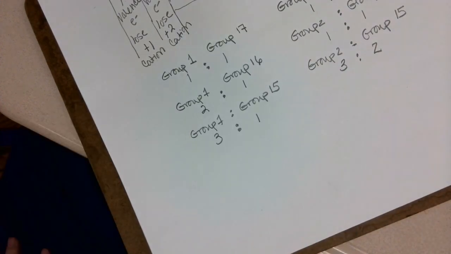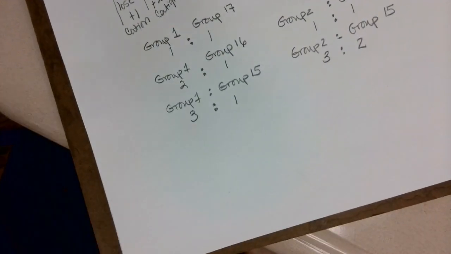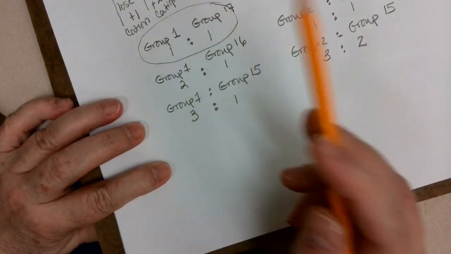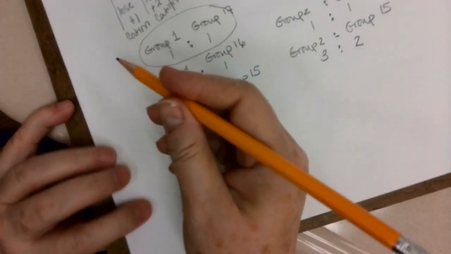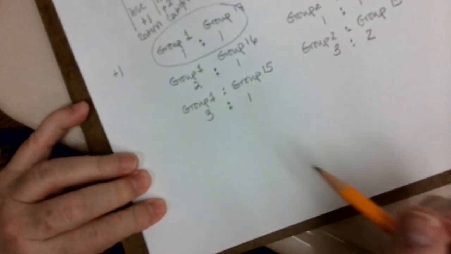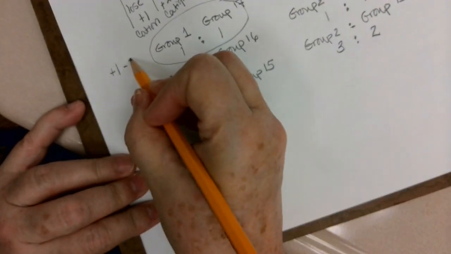And you're saying, Dr. Hopkins, how do we know that? Well, number one, if you did the homework, you saw this was starting to happen when you arranged the compounds you made on page 1 into your periodic table. Now let's explore exactly what is going on here. In the first case, anything out of group 1 is going to be plus 1. Anything out of group 17 is going to be minus 1.